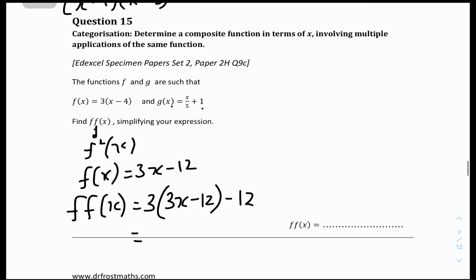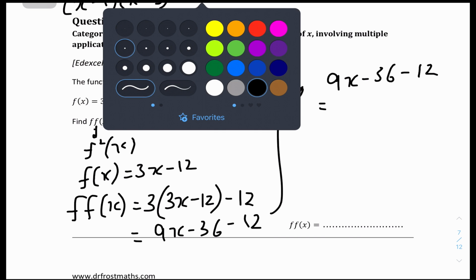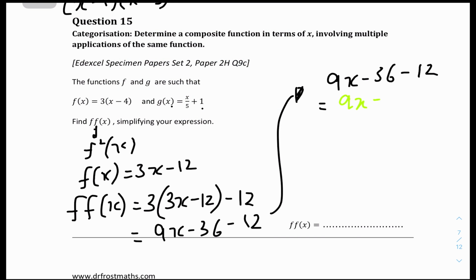If you expand the bracket, it'll be 9x minus 36, because 3 times minus 12 is minus 36, and the outside minus 12 too. So it'll be 9x minus 36 minus 12, which gives the final answer of 9x minus 48.